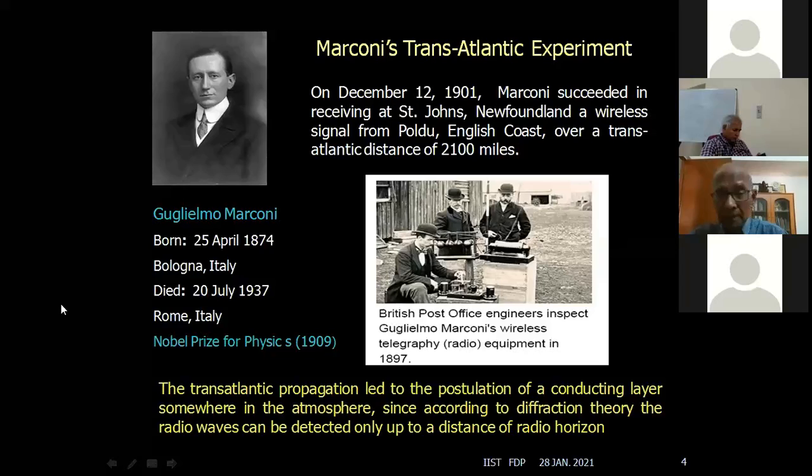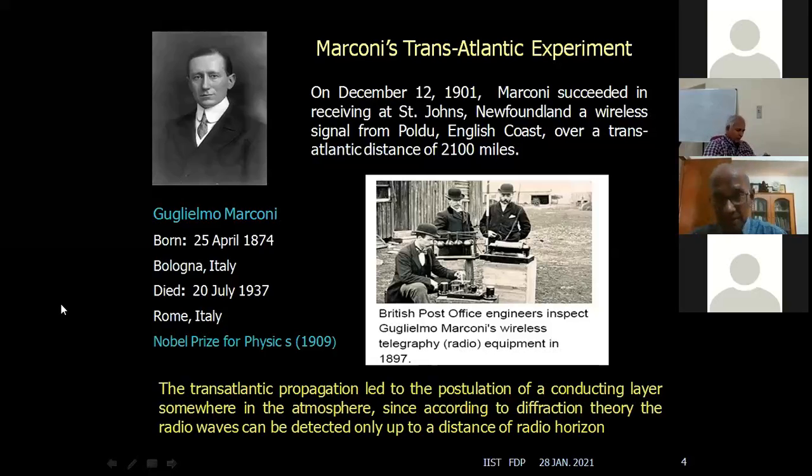Marconi doesn't have a formal education, and he would not understand all that diffraction theory, so he started experimenting with wireless telegraphic signals, that is, Morse coded signals, in short distances first, a few hundred meters, and then a few kilometers, and beyond. Eventually, he thought he could send the signals over very long distances, around the curvature of the Earth.